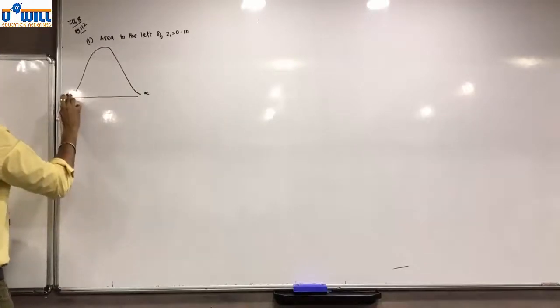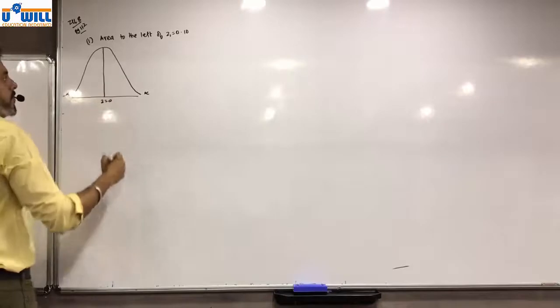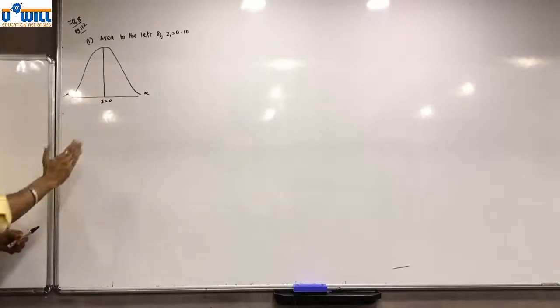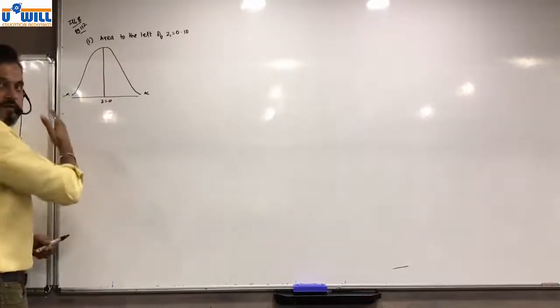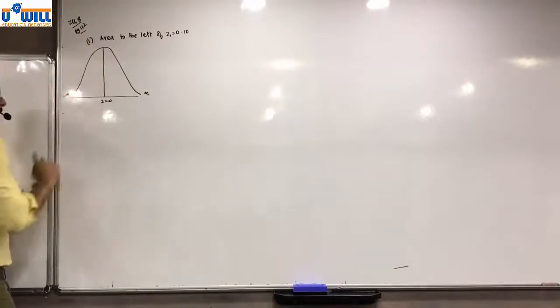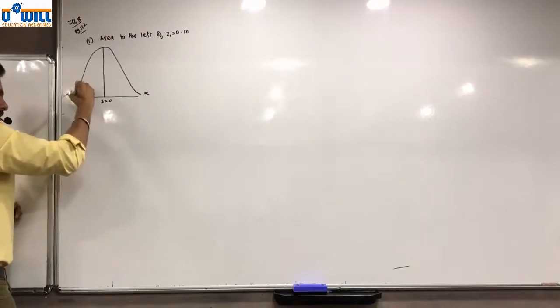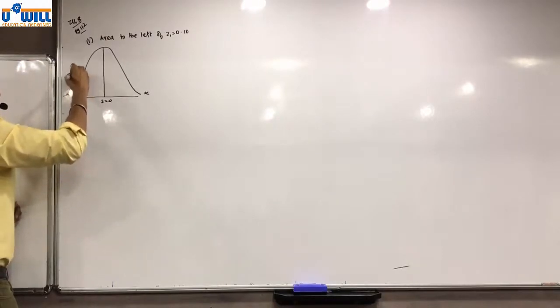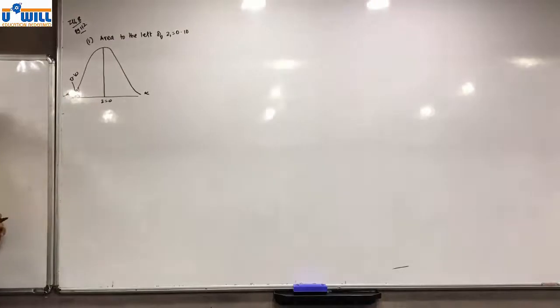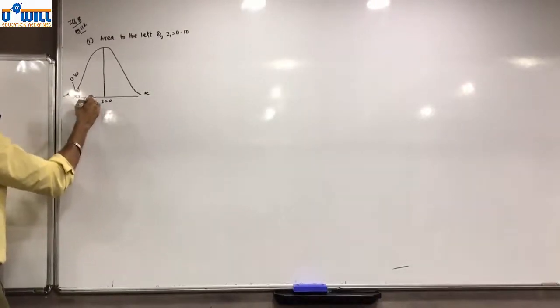Infinity, minus infinity. Z is equal to 0. Now Z1, area to the left 10% चाहिए. To the left 10%. So only this much area. We shade this and we write 0.10. This is Z1. We know it is negative.